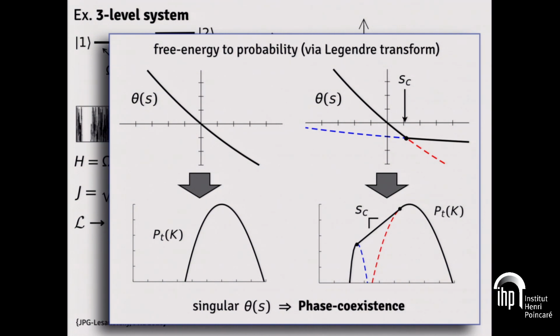The Legendre transform gives you the convex envelope of the probability, and that envelope is a Maxwell construct. So when we have this crossing, we have a phase transition at that point, and that phase transition is associated with phase coexistence. First order, I'm drawing it for the first order case. You have one phase, let's say the liquid, another phase the vapor, and the coexistence at the phase transition.